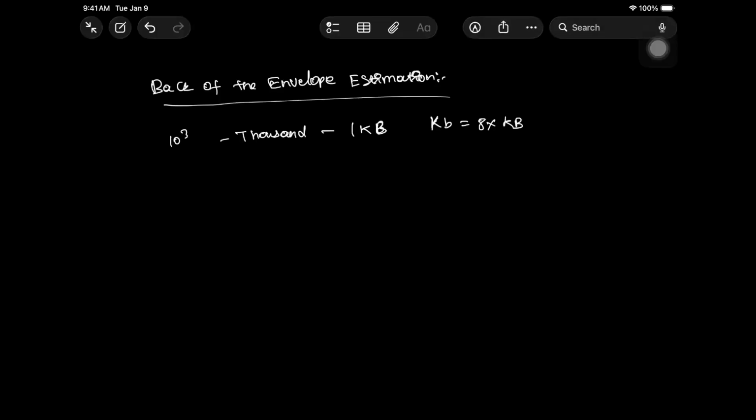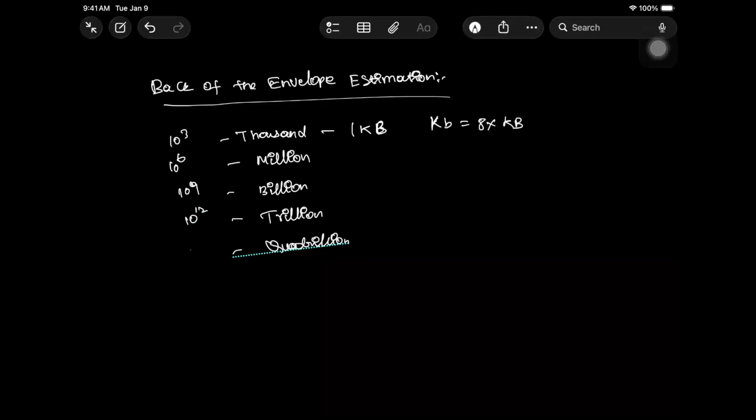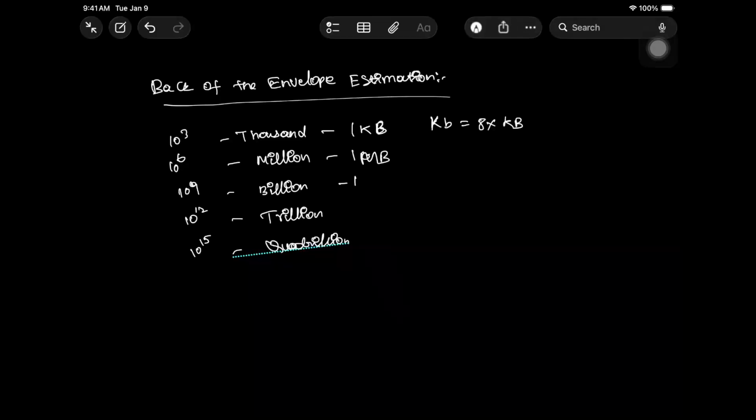So 10 to the power 6 will be represented as million, then billion, then trillion, then quadrillion. 10 to the power 9, 10 to the power 12, 10 to the power 15. 1 MB, 1 GB, 1 TB, 1 PB.